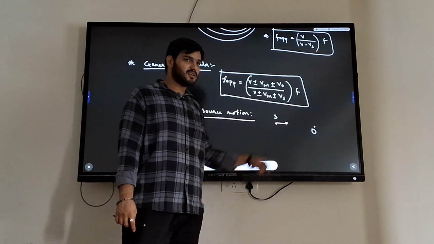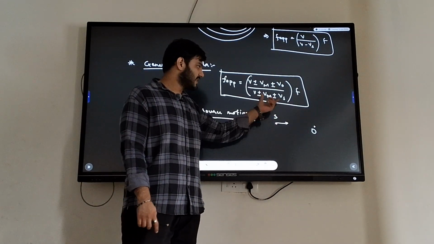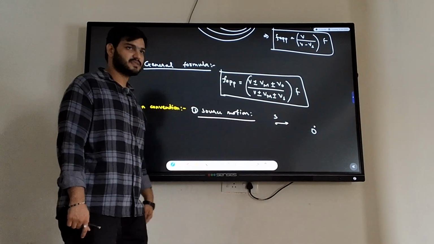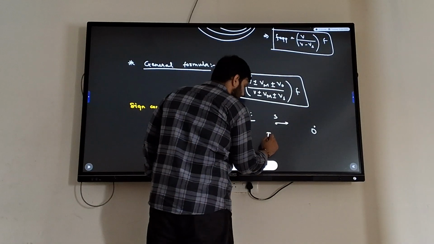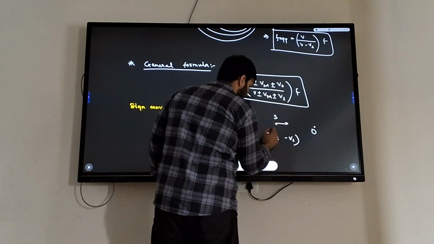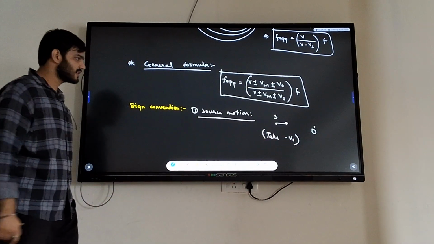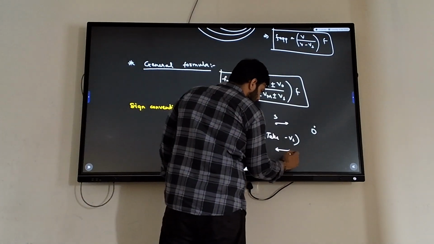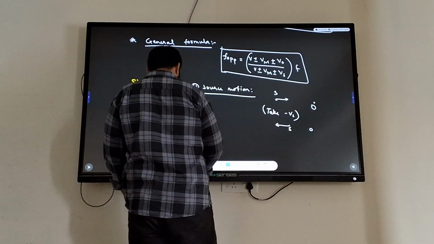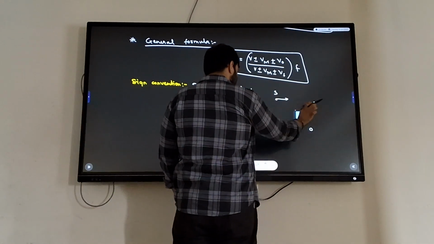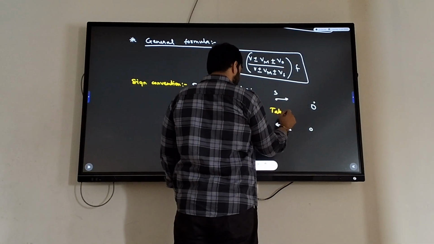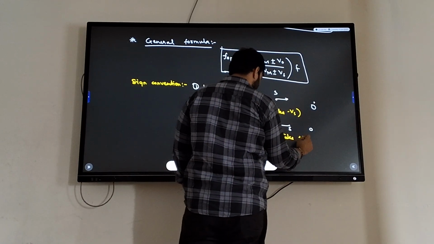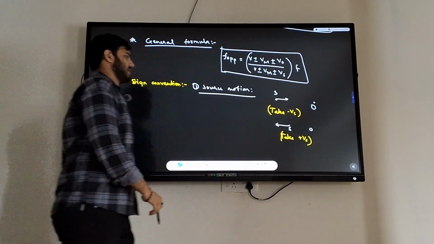As you move towards it, your frequency should increase. That means the denominator should decrease. तो मुझे add करना चाहिए, subtract करना चाहिए? Subtract. So take minus Vs. Do you understand? Let's take the other case then, where your source is moving away from the observer. Then tell me what do you take? You take plus Vs.